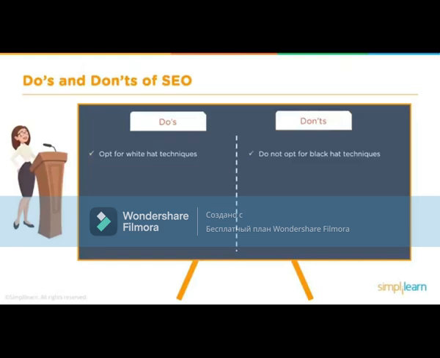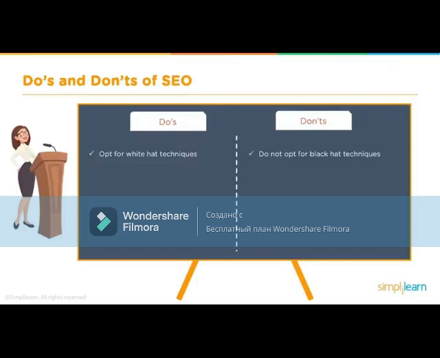So the first thing on the list is optimize for white hat techniques. And what I mean by opting in for white hat techniques is basically everything I just mentioned today. You want to do keyword research. You want to choose a natural language processing format, so you could choose keywords that are going to be relevant, natural to the content. And you don't want to opt for black hat techniques.